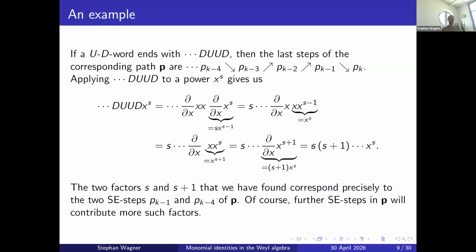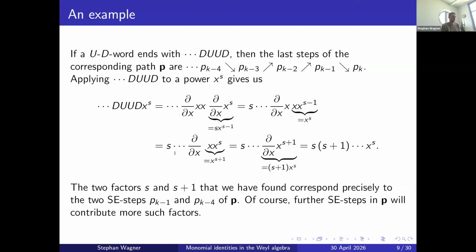So each time I differentiate, I gain a factor, and you just have to figure out what comes here after the s plus, and that is exactly this height difference. So it's not too difficult to prove this proposition. You can do it by induction, for example, but it's very useful for us because it characterizes exactly what our words, regarded as operators, do to powers of x.